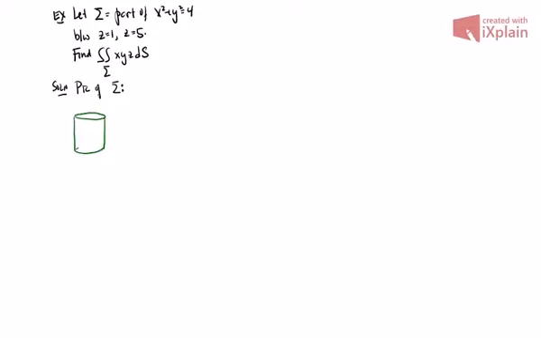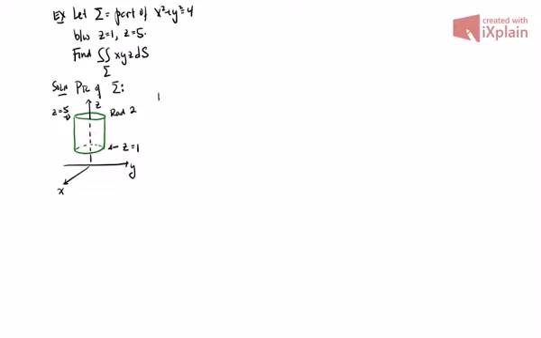Now keep in mind this surface is hollow, because x squared plus y squared equals 4. It has a radius 2, and it extends down here from z equals 1 to up here, z equals 5. And that's the cylinder, right?